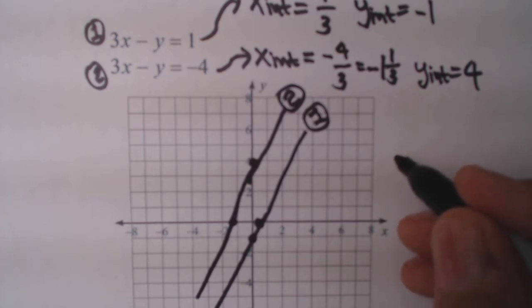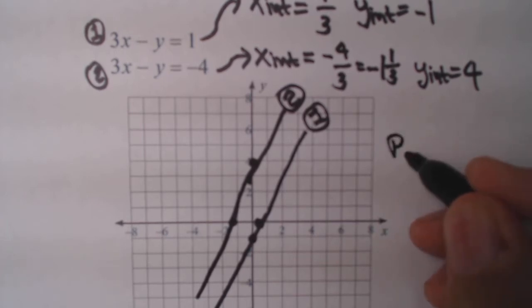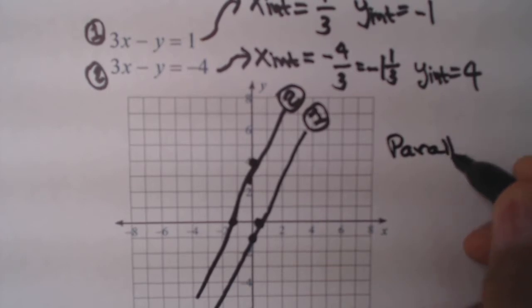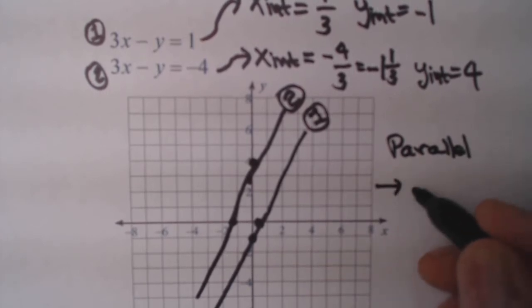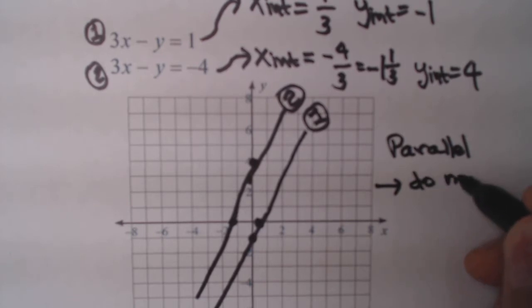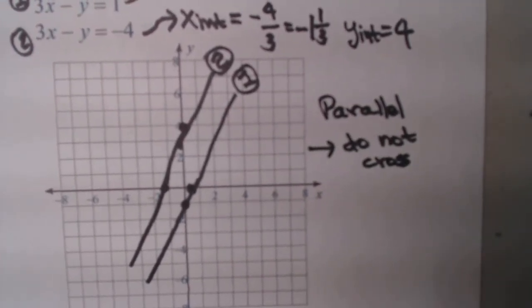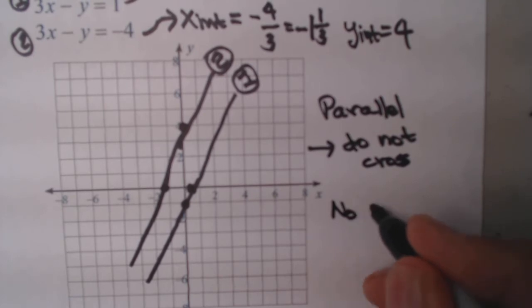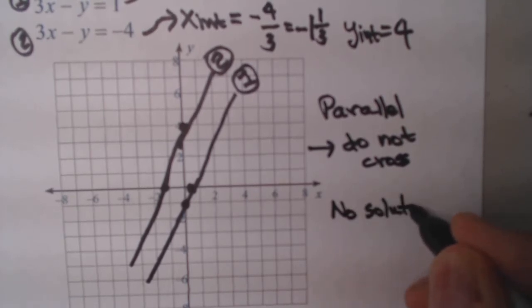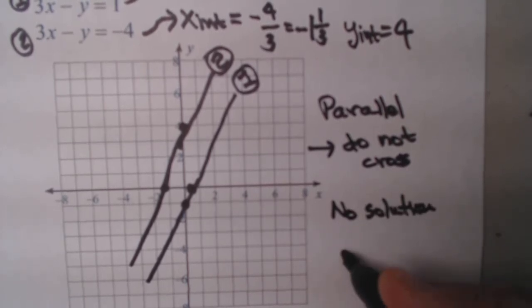So if they are indeed parallel to each other, then that means that there is no solution because they do not cross. And if they do not cross, that of course means that officially what we have is no solution. Okay, this is another one of these bad cases.